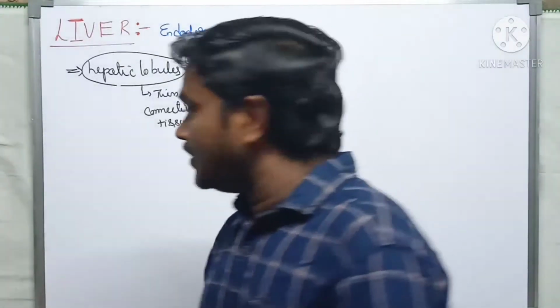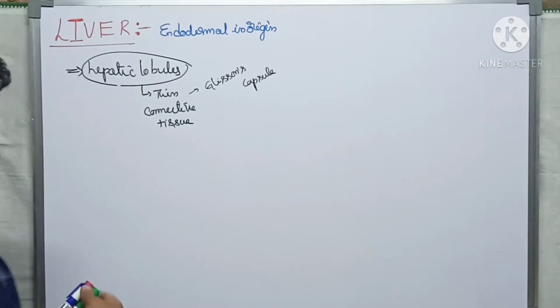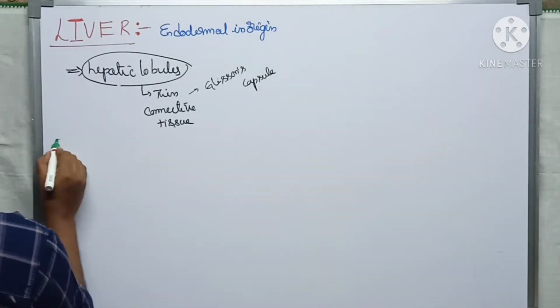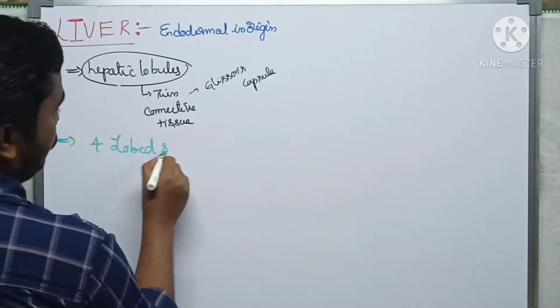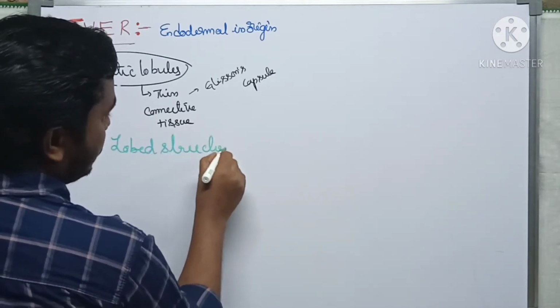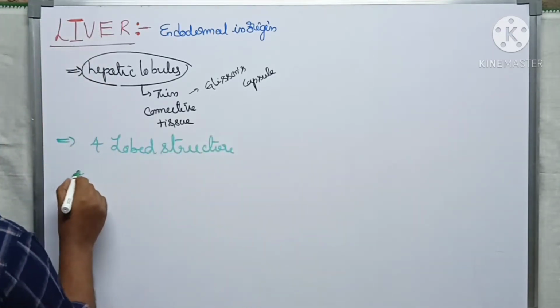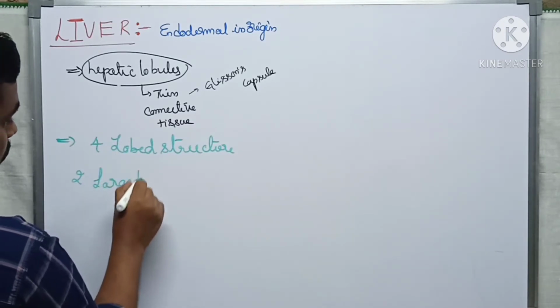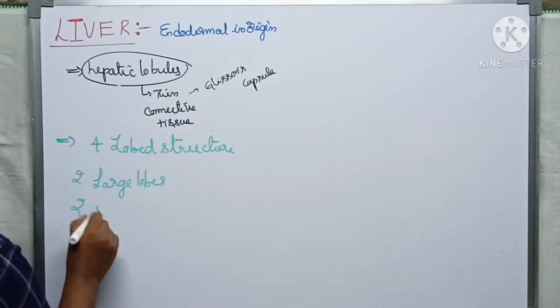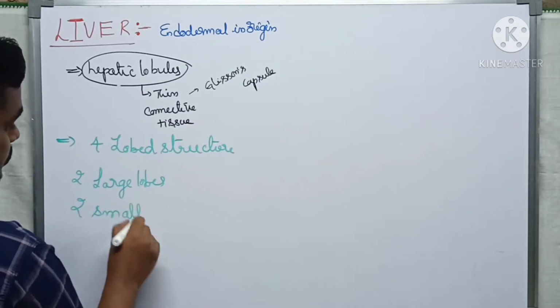Next, the liver has a four-lobed structure. Mainly two large lobes and two small lobes.